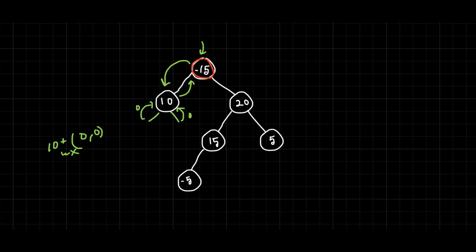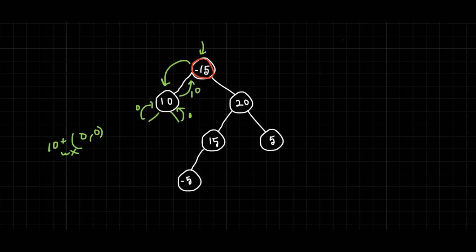So here, if -15 is part of the path, that means the path can be this or the path can be that. So here, either its left or right child can be included in a path. So which child should I take? I should take the child which is returning the maximum value. So here 10 will return 10 plus the maximum of 0 and 0, which will be 10.